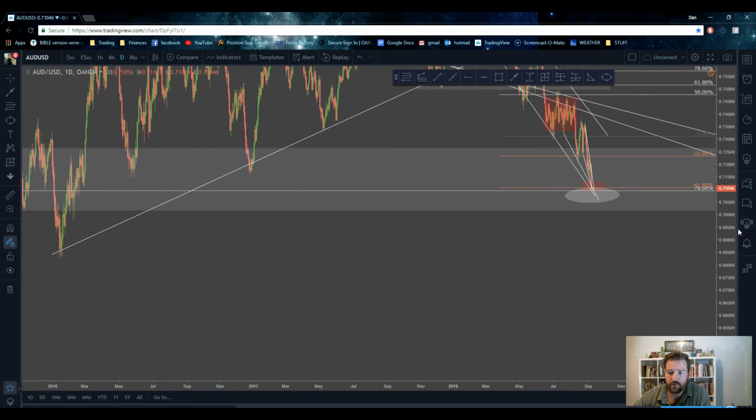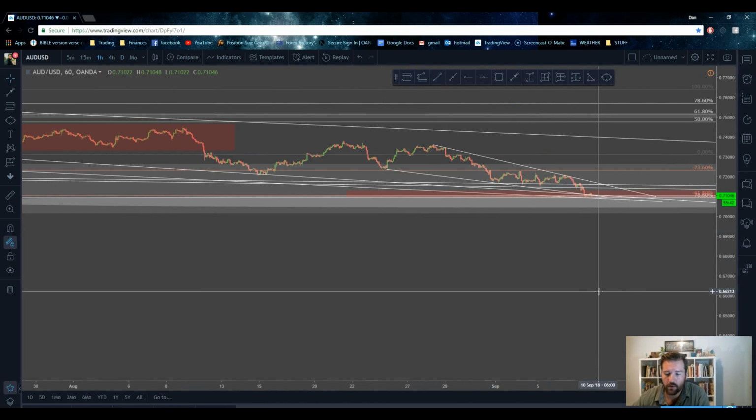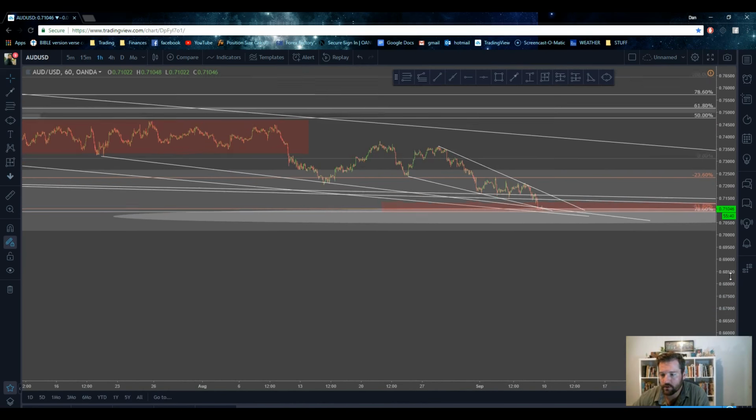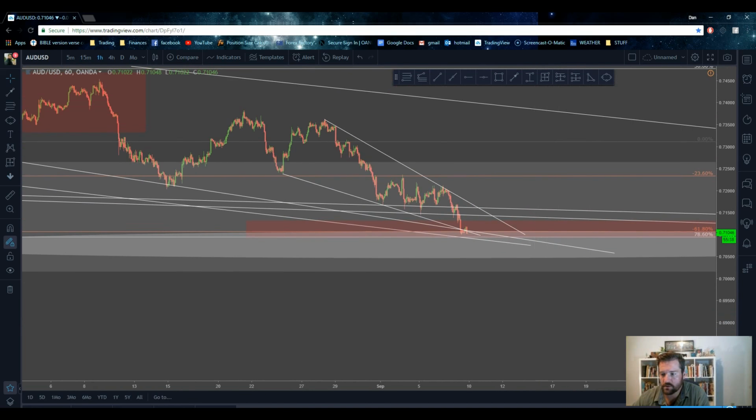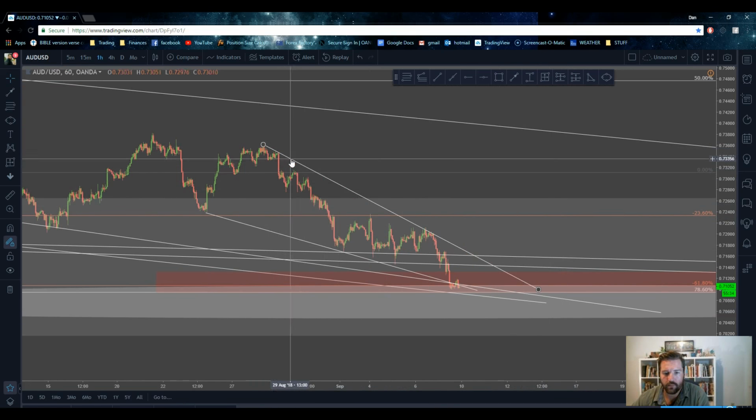Now, if you are some type of confirmation trader, you may wait for, I don't know, maybe a double bottom down here or something, or a lower time frame trend line break. If you're on an hourly chart, this is essentially our main little trend line as of right now.